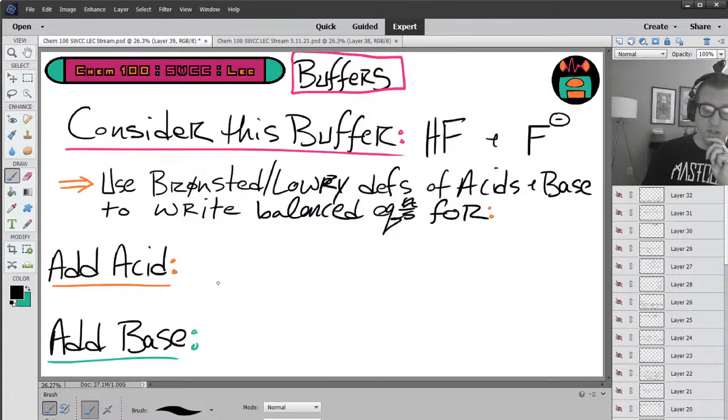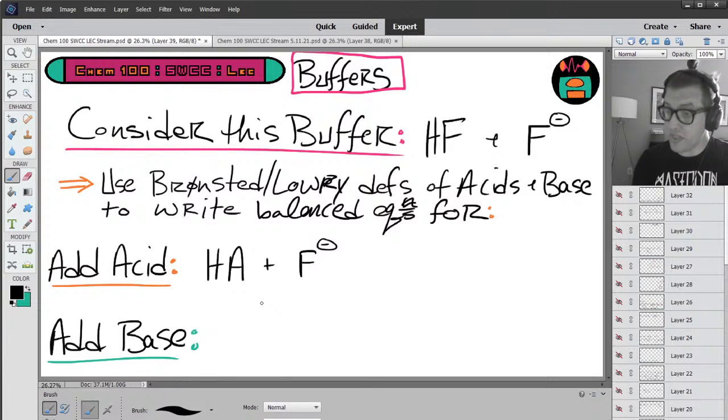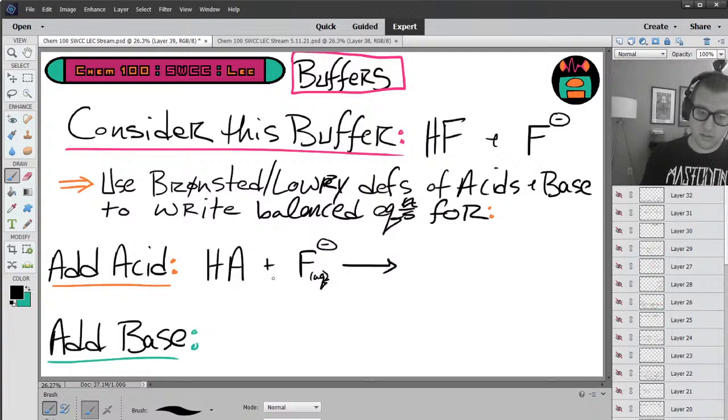When you add an acid to your buffer, your acid, HA, doesn't get a chance to react with water. It instead reacts with the conjugate base. When you add base to your buffer, it doesn't get a chance to react with water.